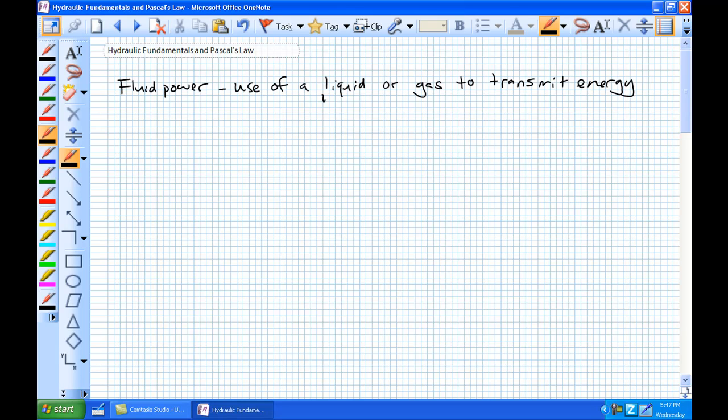We're going to typically confine ourselves to the liquid, which is a hydraulic system. Gas, that's a pneumatic system. And we're going to spend more time talking about hydraulics. Again, its function is to transmit energy.